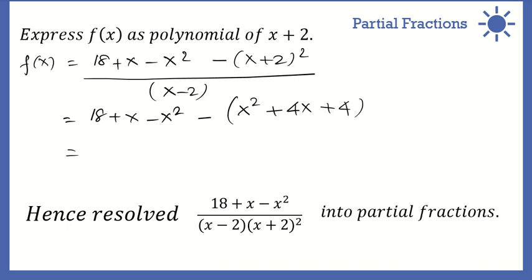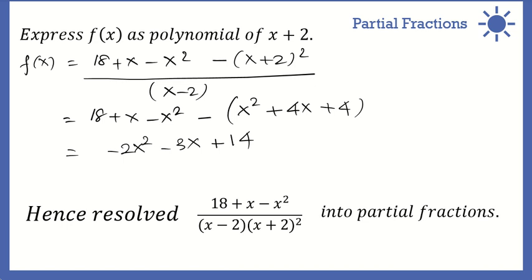When you simplify this, you get minus 2x squared minus 3x plus 14. Sorry, minus 2x squared minus 3x plus 14 as the numerator.